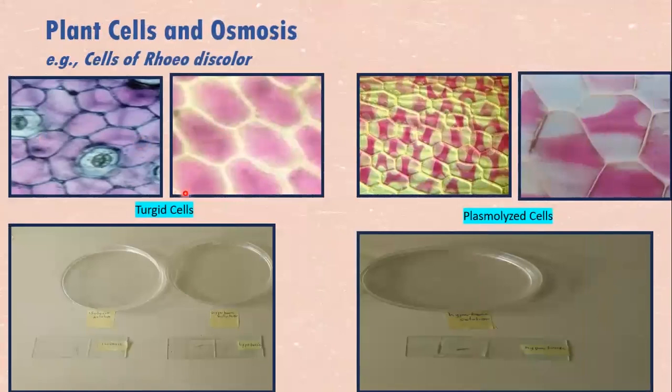These are cells that were placed in isotonic or hypotonic solution. These are the strips that we looked at under the microscope, and we saw this. The cell is colored, the vacuole is colored, and gives the whole cell color. These epidermal cells, this is the stomata and guard cells.